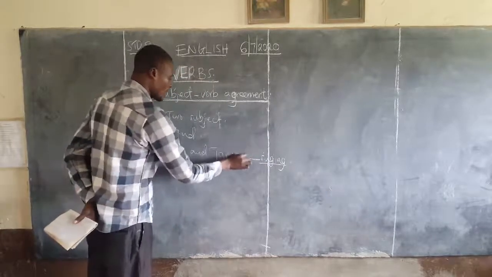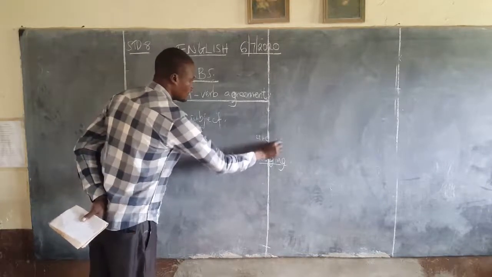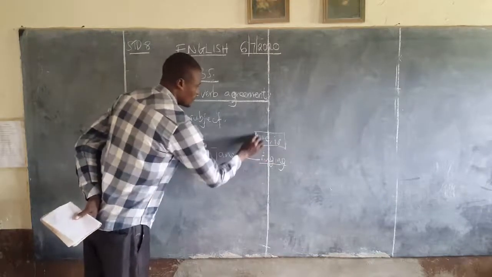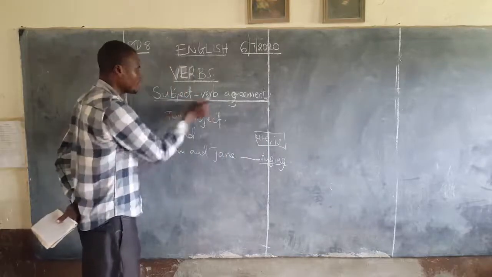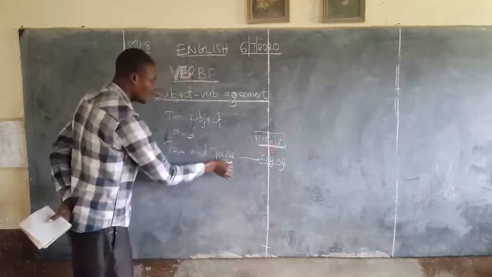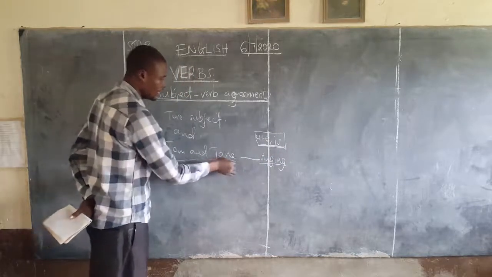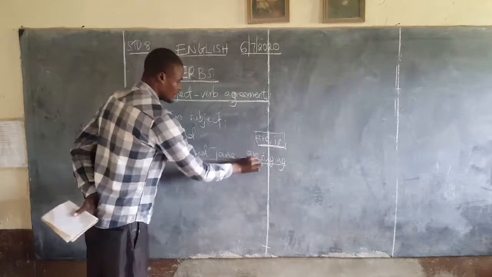We have been told to write, do we say are singing or is singing? That's what we mean by subject-verb agreement. How will this verb that you are given here, are and is, agree with these two subjects? So talk of Tom and Jane are. That's what we mean here.